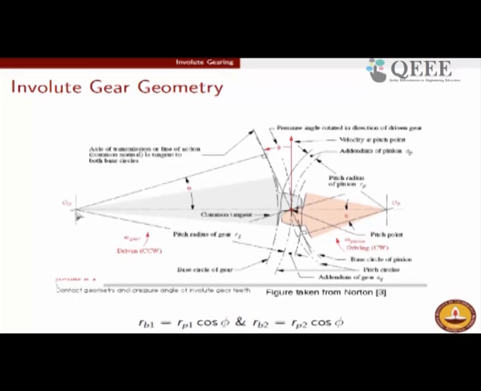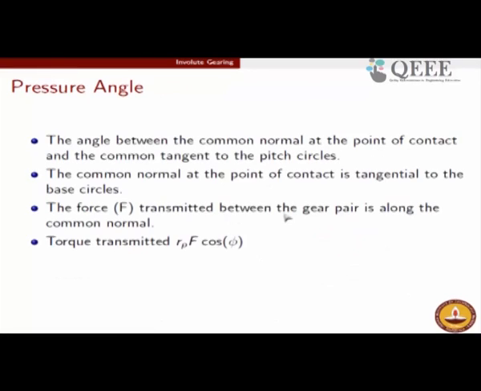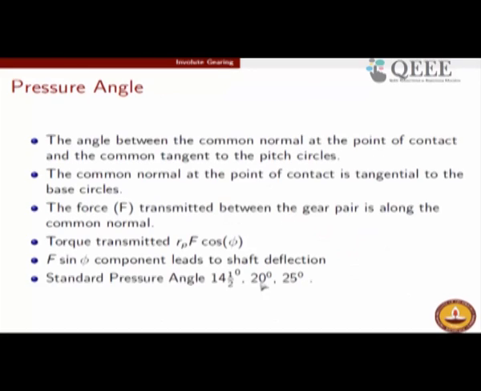If the sin phi component is larger, it will cause a large force to be transmitted to the shaft, and the shaft, being a beam-like flexible member, will bend, and once it bends, there is a chance that the engagement may not happen properly between the two gear teeth. Therefore, we will keep the pressure angle small, and the standard pressure angles usually used are 14.5 degree, 20 degree and 25 degree.